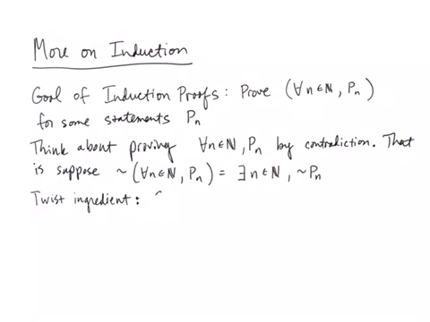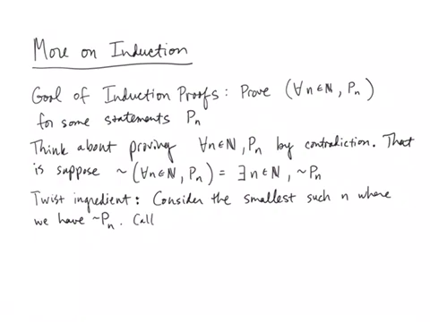So consider the smallest such n where we have not P sub n, and call this natural number k.